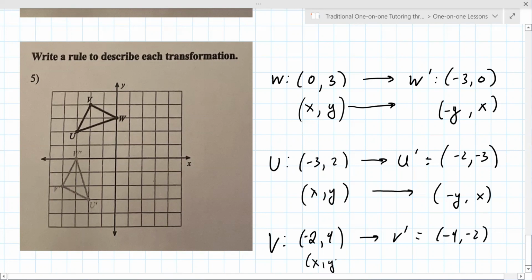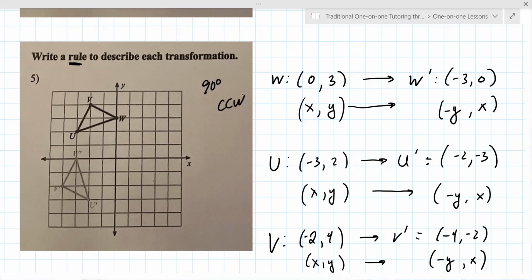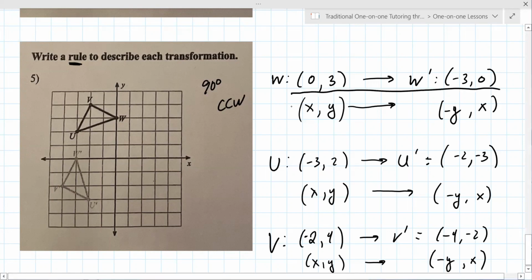It also goes from (x, y) to the x being in the y position, and the y value negated. So for your rule, a couple of things you could say. You could say it's 90 degrees CCW, which means counterclockwise. That's a standard thing that is used. And then you can also add in the formula that we've been using.